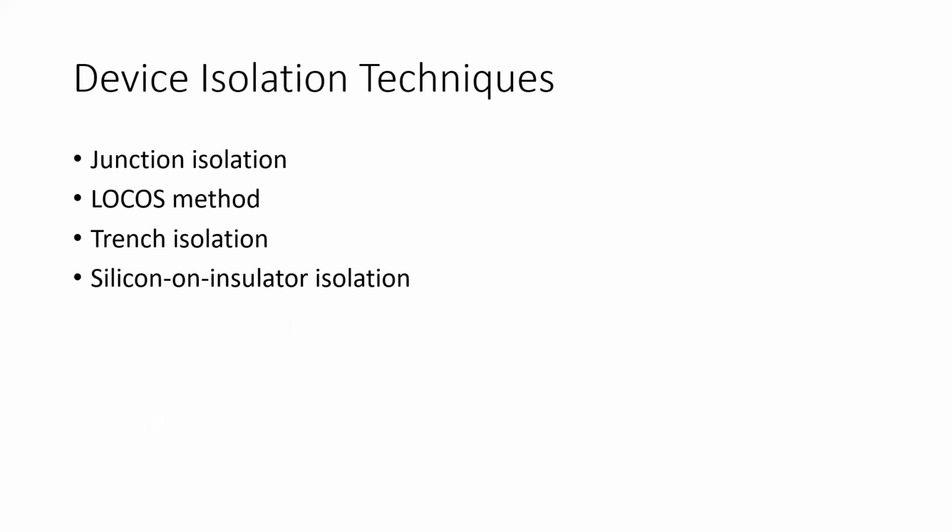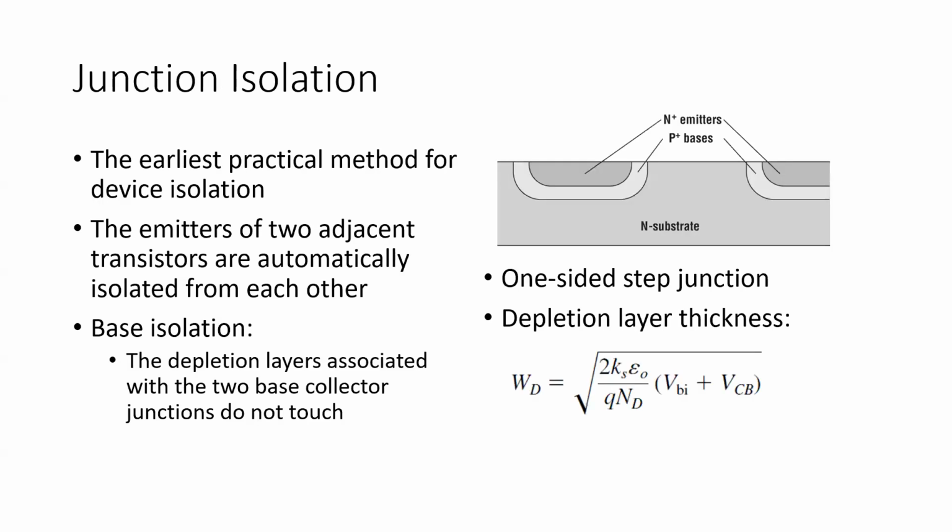There are several different techniques for IC device isolation: junction isolation, LOCOS isolation, trench isolation, and silicon on insulator isolation. Junction isolation is the earliest practical method for device isolation, especially introduced for bipolar junction transistor isolation.